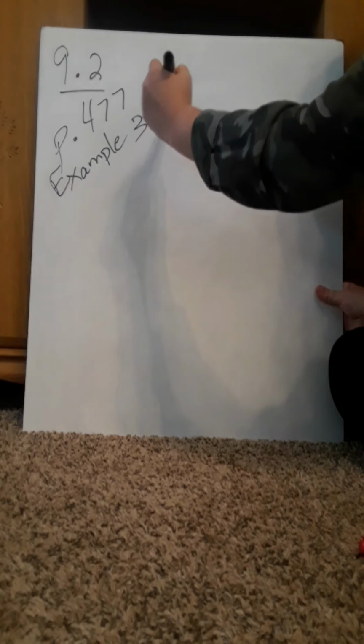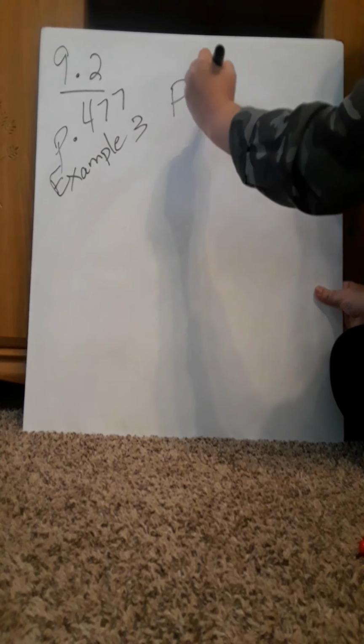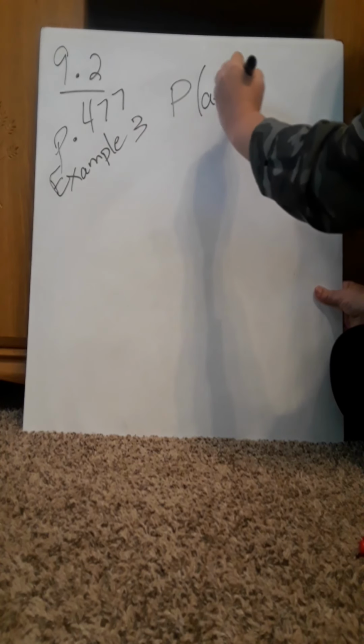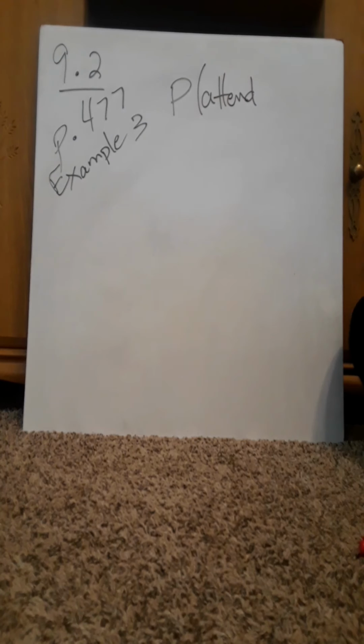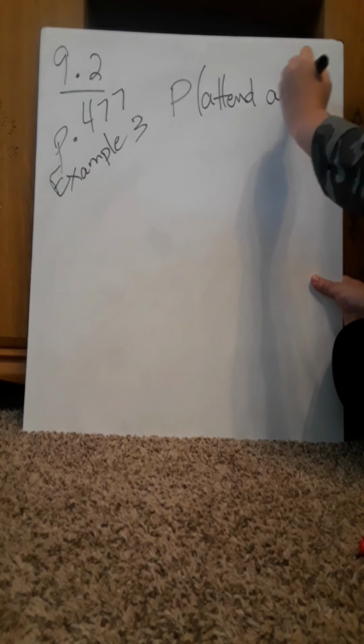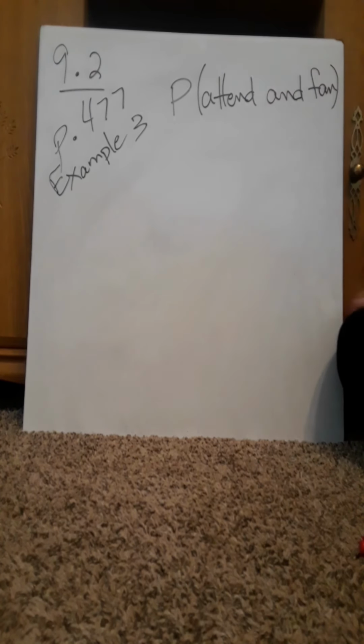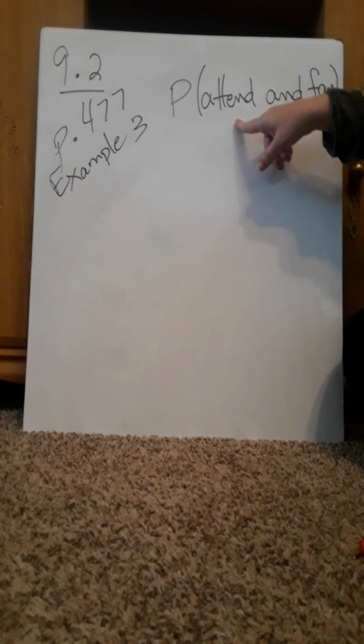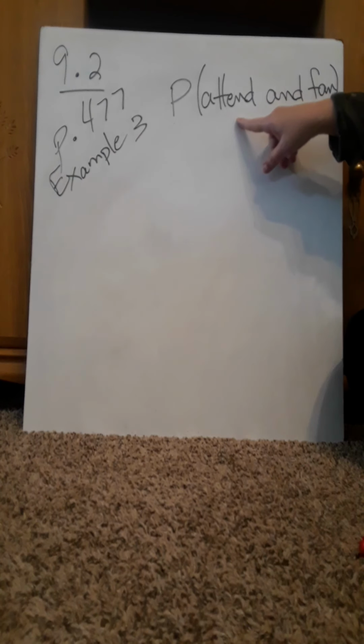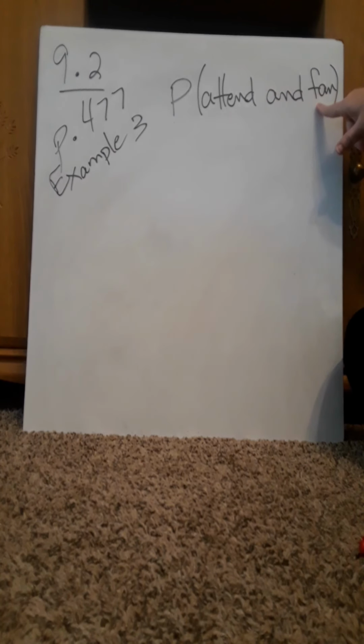So let's write it like this. What's the probability that they plan to attend the band's concert and is a fan of the group? So we could write it like this. What is the probability that they attend the concert and they're a fan?